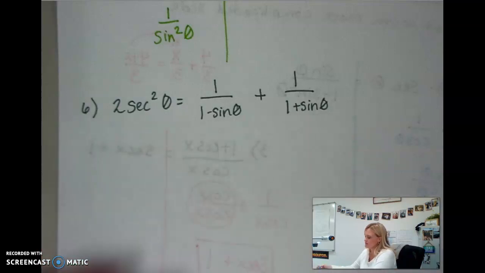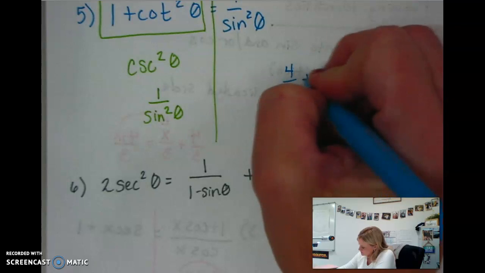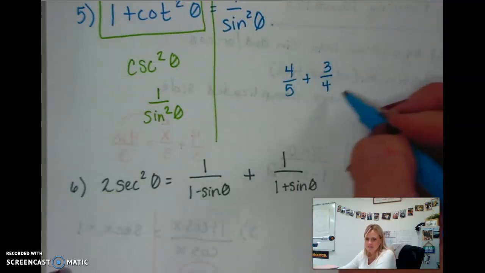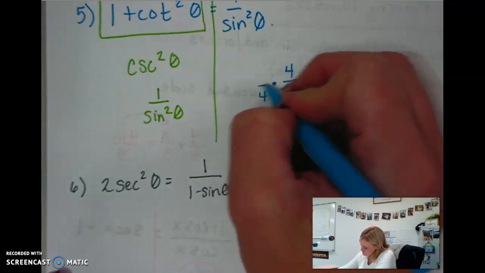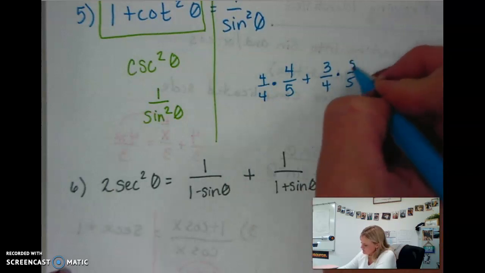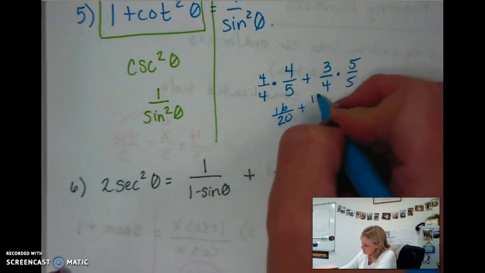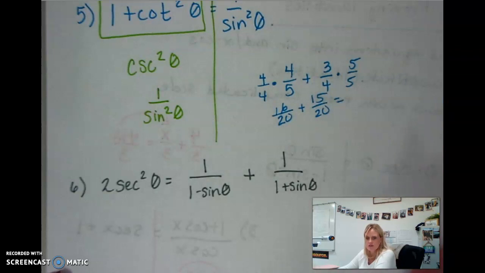So if you think back to fractions, if I had 4/5 plus 3/4, I need a common denominator. So I would multiply the 5 by the 4 over 4, and I would multiply 4 by 5 over 5. So I would have 16/20 plus 15/20, and now I can add straight across.